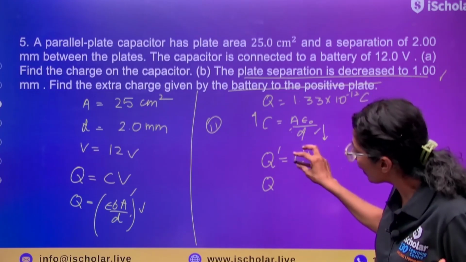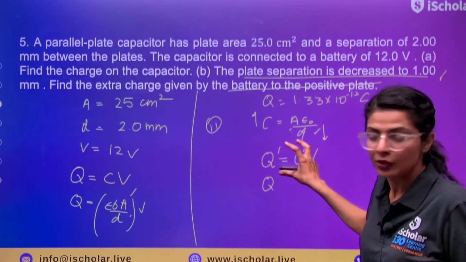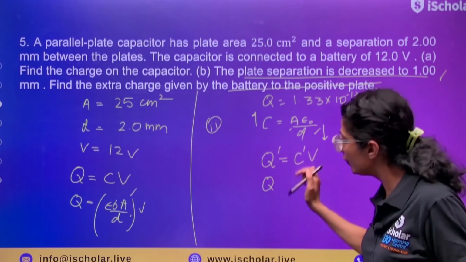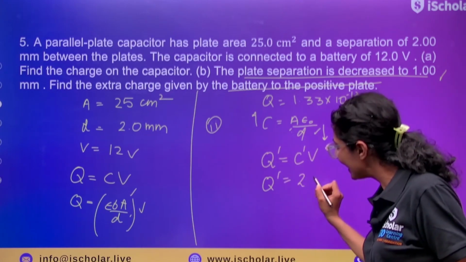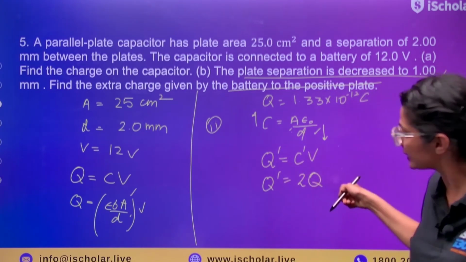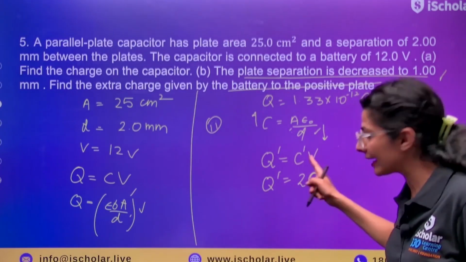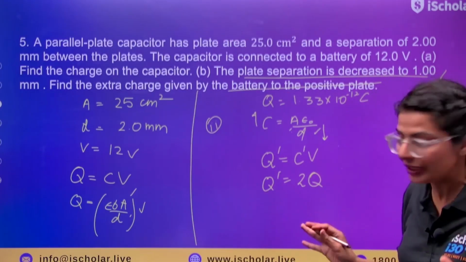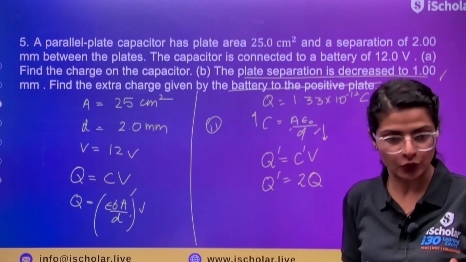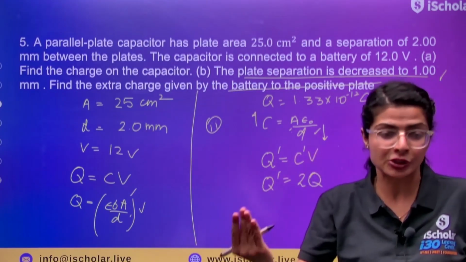Why? This quantity is getting twice, so this whole charge will also get twice, and I can say that would be just 2Q. Am I clear? We know the initial charge is Q, and the final charge becomes 2Q.